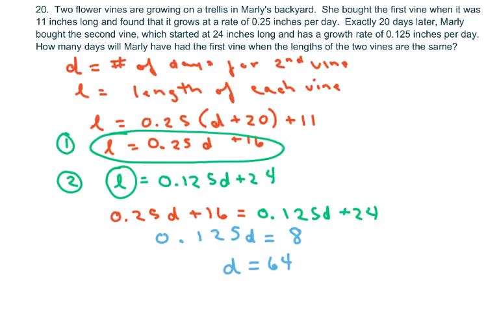But we don't stop, because the question is how many days Marley had the first vine when the lengths of the two vines are the same. So we have to add 20 to d to account for the time that she had the first vine before buying the second vine. So we add 20, and that gives you 84.